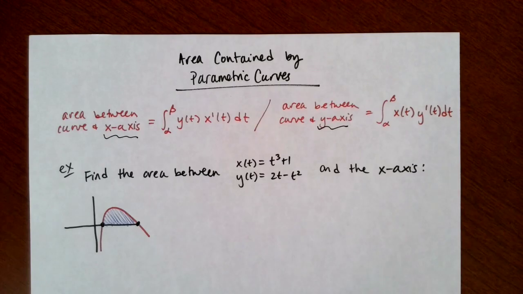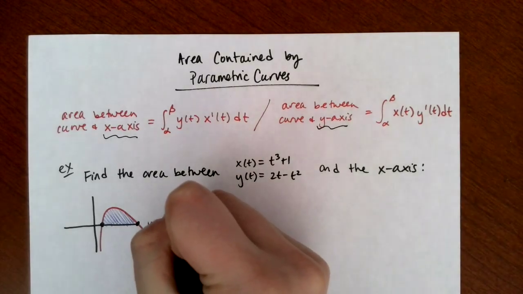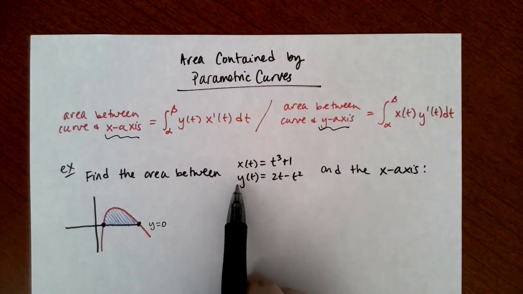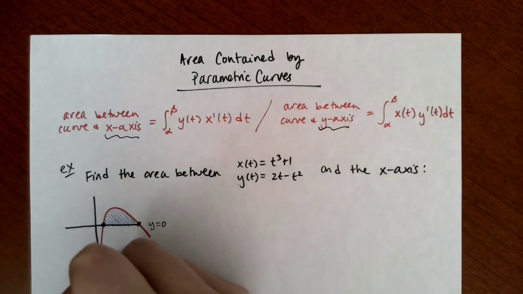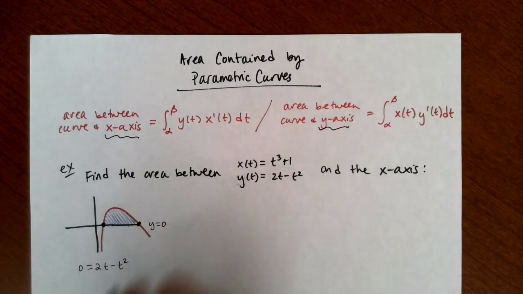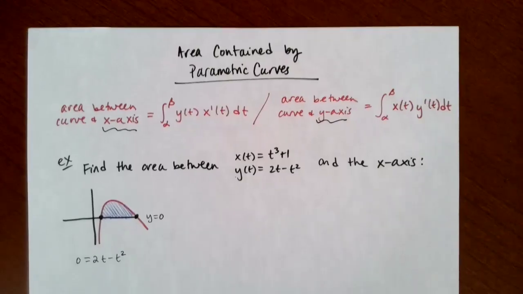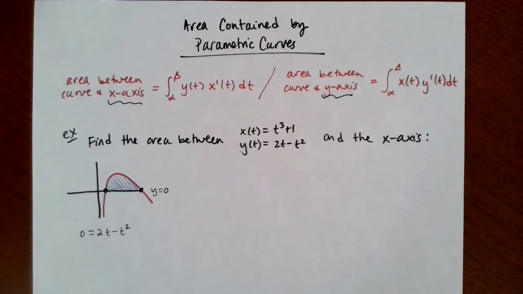At both of those points that I've marked, this is where it crosses the x-axis, so it's where y equals 0. So we're going to set the y formula 2t minus t squared equal to 0, and that's where we're going to find those t values.